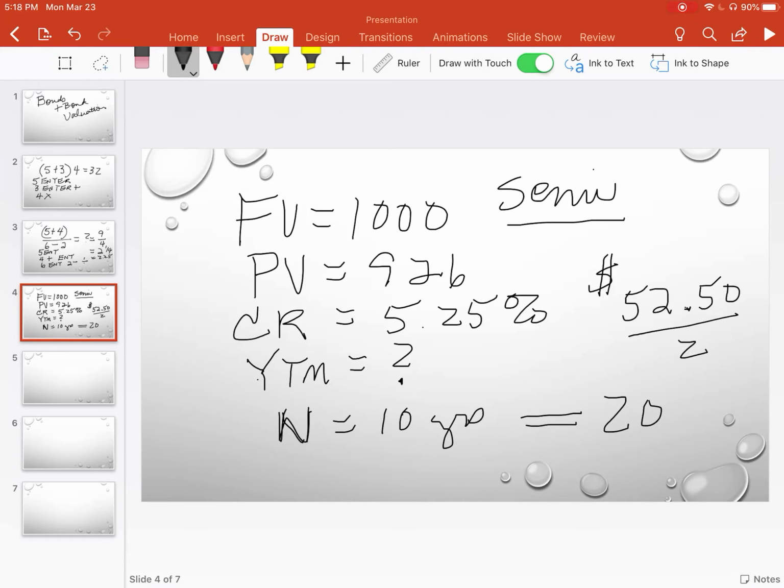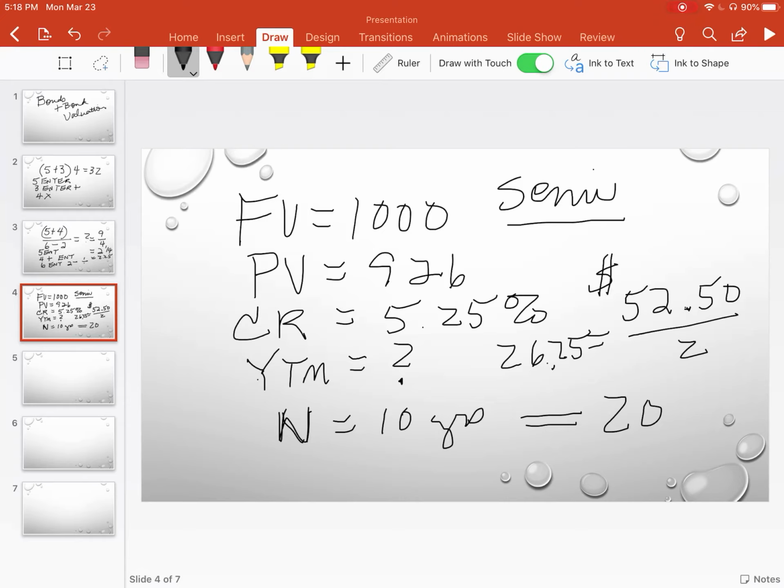So it would be basically $26.25, which would be the actual coupon payment. So I'm just going to write that right here, 26.25, to indicate that dollar amount.